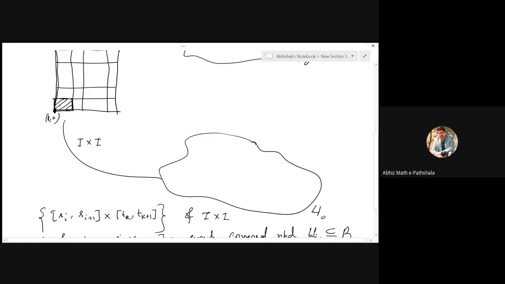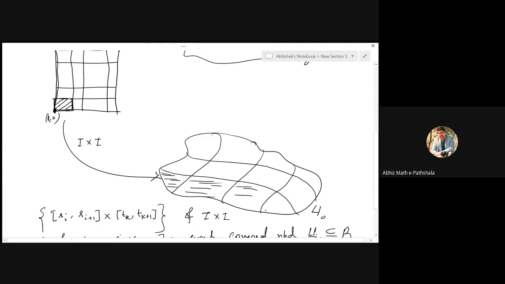So this is your f. You can cover this one, first this and then go to that one.